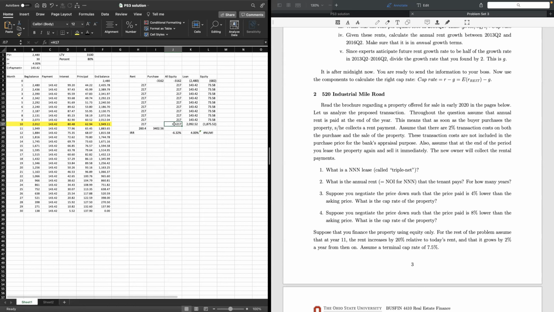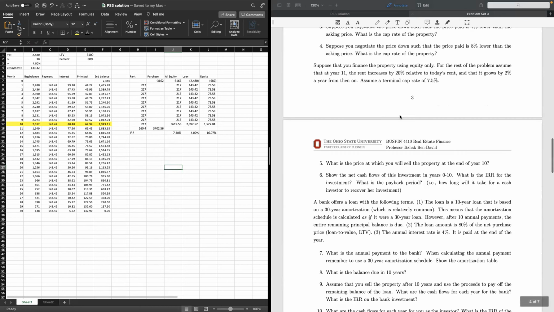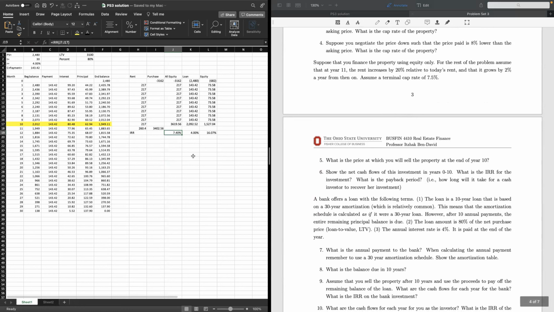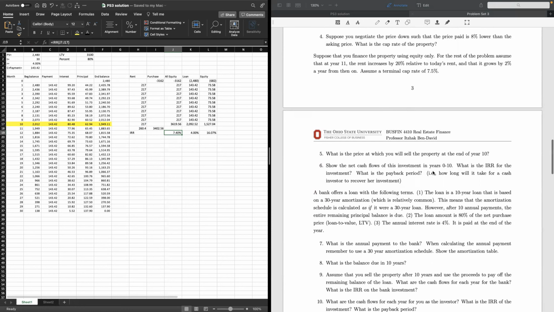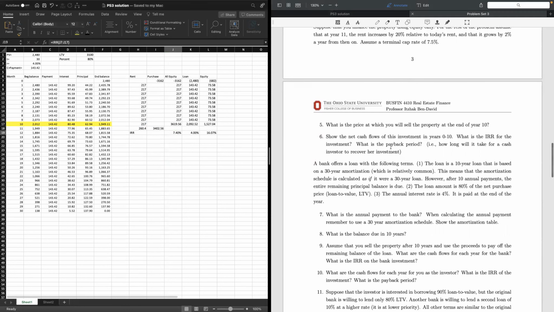But as an investor, you should get the sale price. So this is the one that you should get. Anyway, the one I'm looking for is around 7%. It'll be fine.